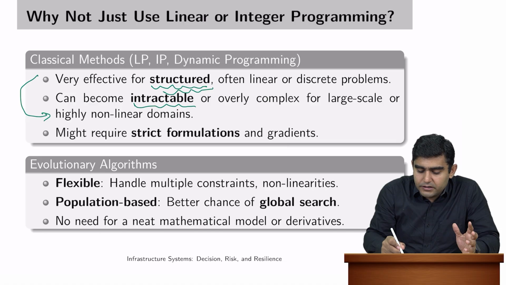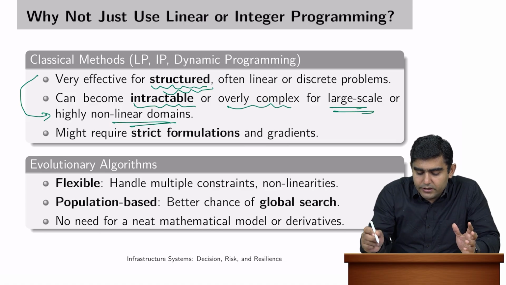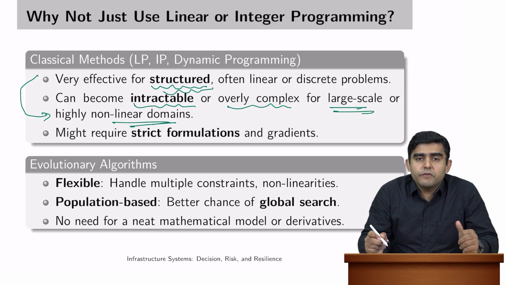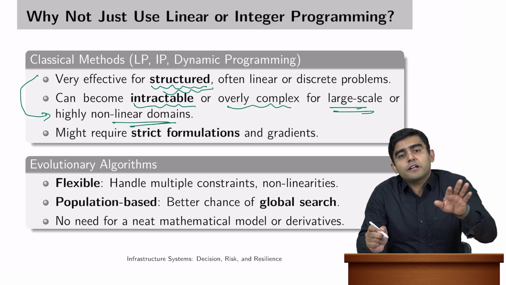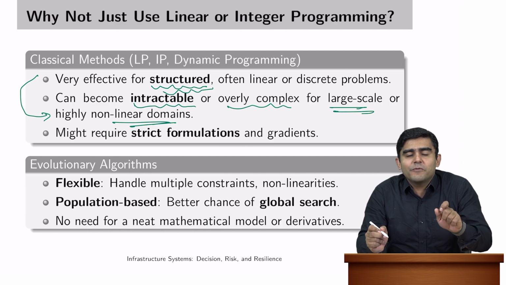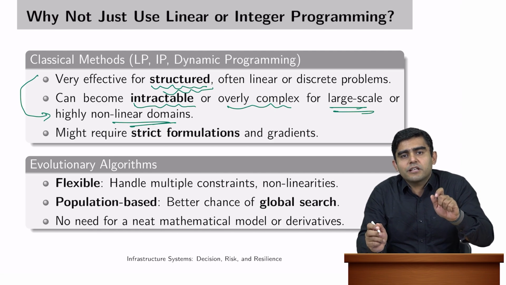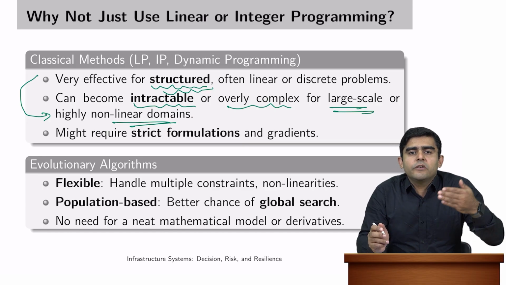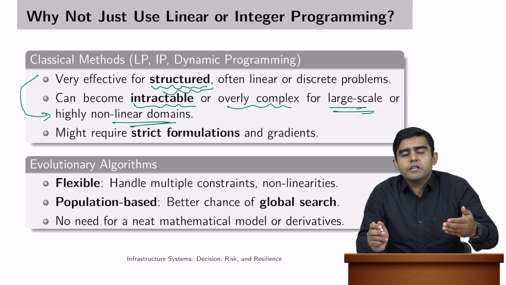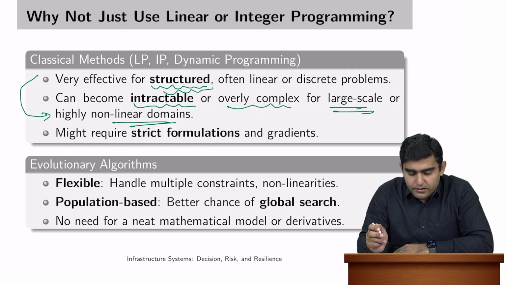So these classical methods become overly complex for large scale or highly non-linear systems. If you recall, when we were talking about Lagrange multipliers, we introduced a test to check for necessary and sufficiency conditions. While checking the necessary condition was easier in multivariate space, the moment we started talking about the sufficiency condition, we were talking about the Hessian and checking for semi-definite positiveness, semi-definite negativeness, and so on. So it becomes quite involved mathematically as we go towards more and more non-linear problems.